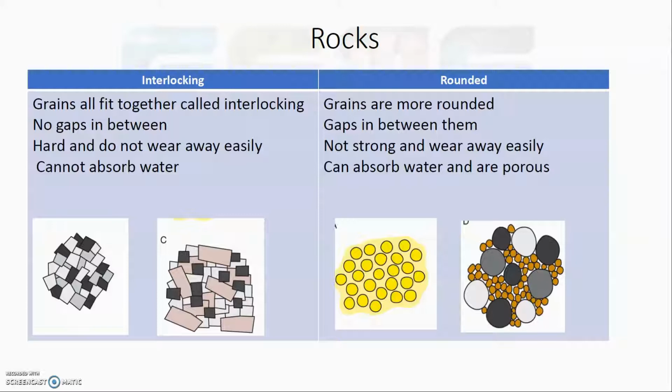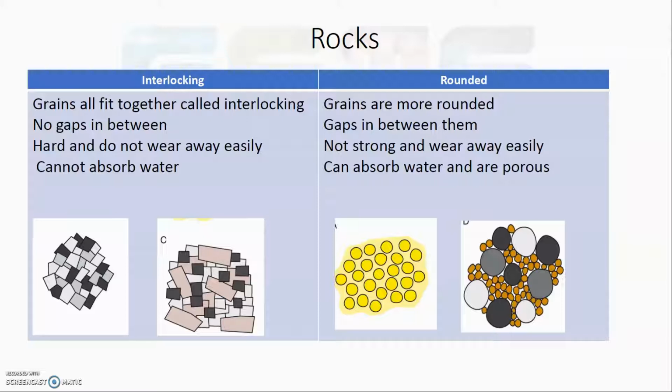Okay, so there are two types of rocks. Number one, grains that fit together, called interlocking. In this, the grains stick together really hard with no gaps in between at all.